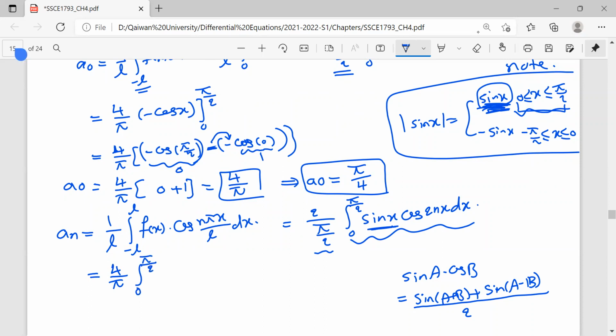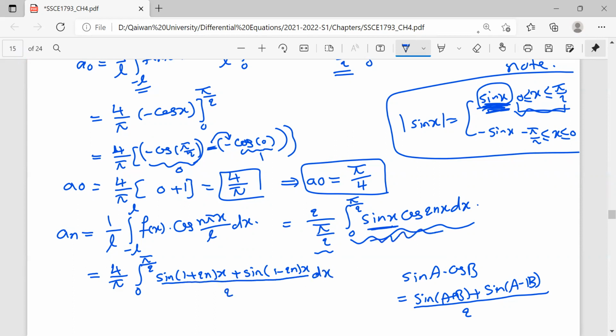Sine x cosine 2nx becomes sine 1 plus 2nx. We add them, sine x plus 2nx. We take x as the common factor, we get 1 plus 2nx, plus sine 1 minus 2nx, all divided by 2 dx.